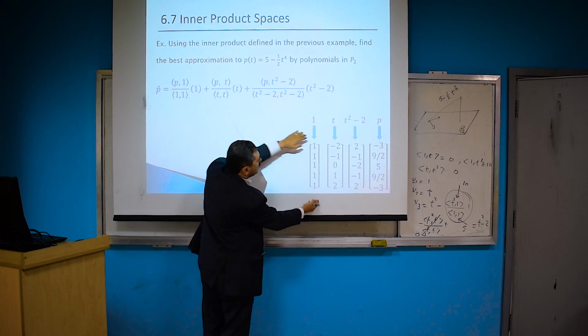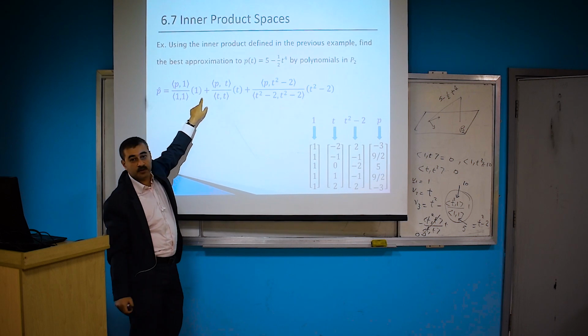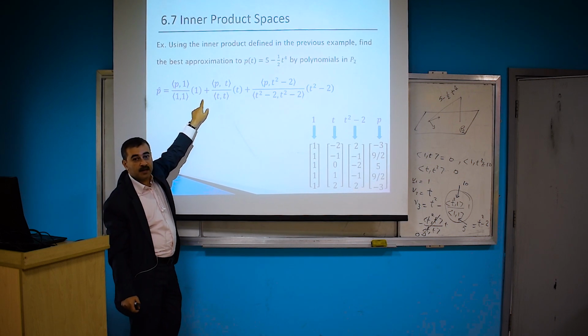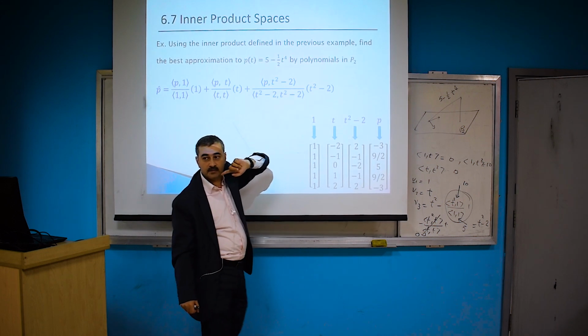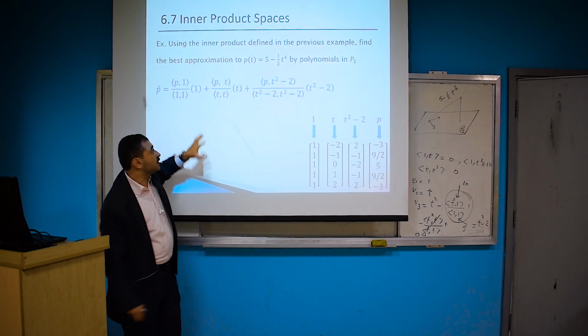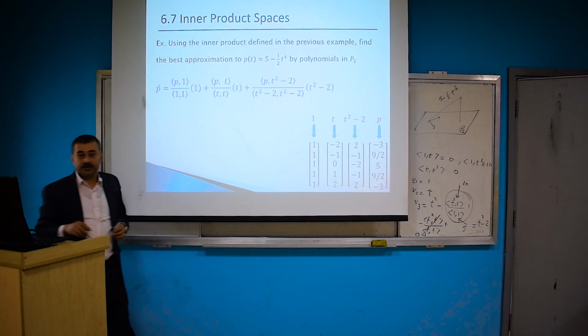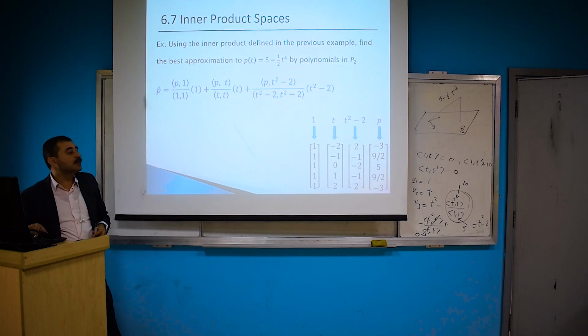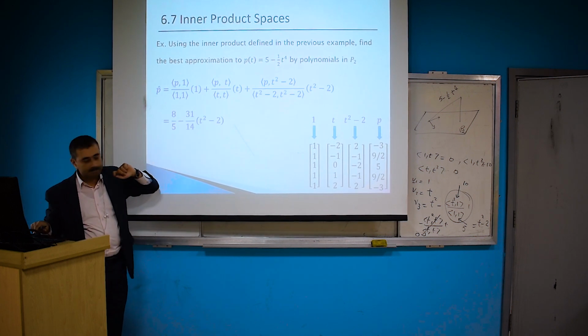And inner between 1 and 1, which is 5, and get this coefficient multiplied by the polynomial 1. And so on for t and t squared minus 2. Okay? Once you get these guys, you can get the approximation for your polynomial in P2. You'll get something like this.